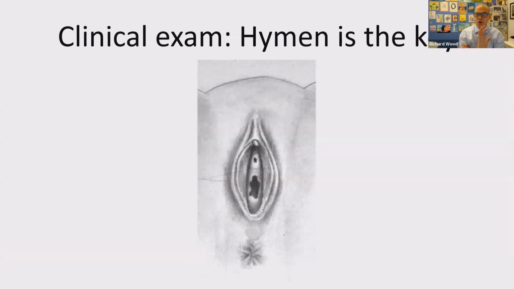I just wanted to talk a little bit about the clinical exam in little girls with anorectal malformations, because I think it's quite important. And the landmark that we use really is the hymenal tissue. So in a normal child, the urethra lies outside the hymenal tissue in the front, and the anus lies outside the hymenal tissue at the back.